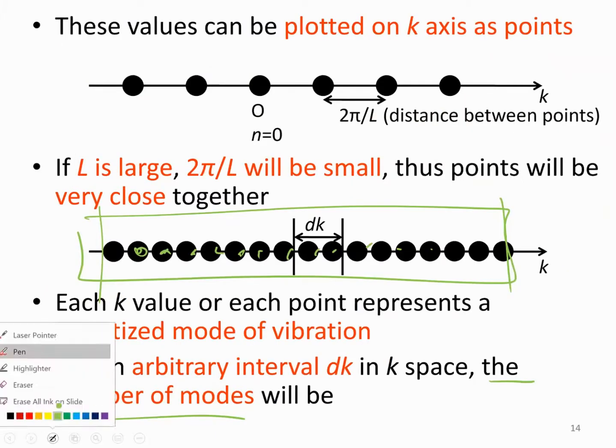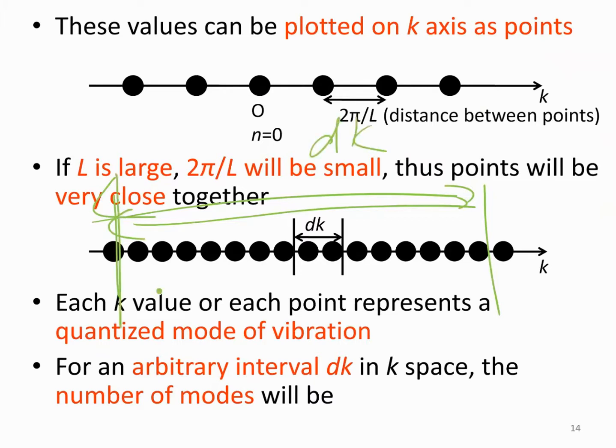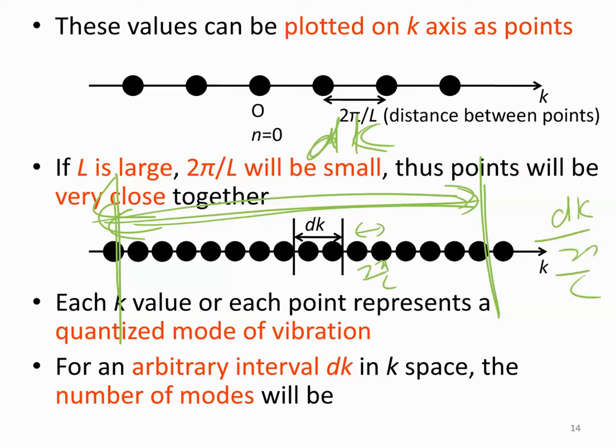Let's say I want to know how many modes are in this region. I just measure the length, let's say the length from this point to this point is dk. So what is the distance between lattice points? 2π over L. So when I use dk over 2π over L, I get the number of modes.